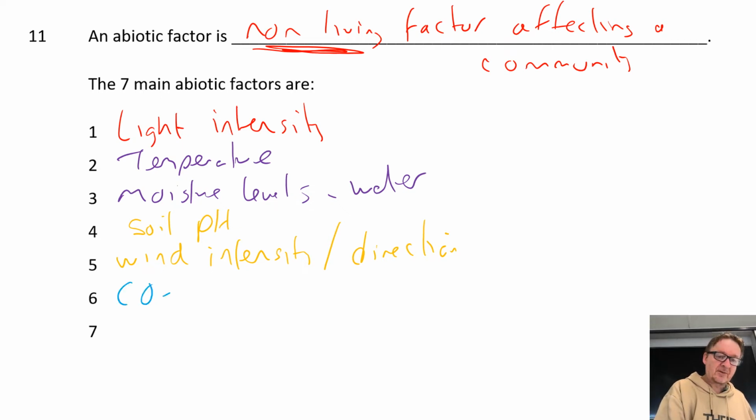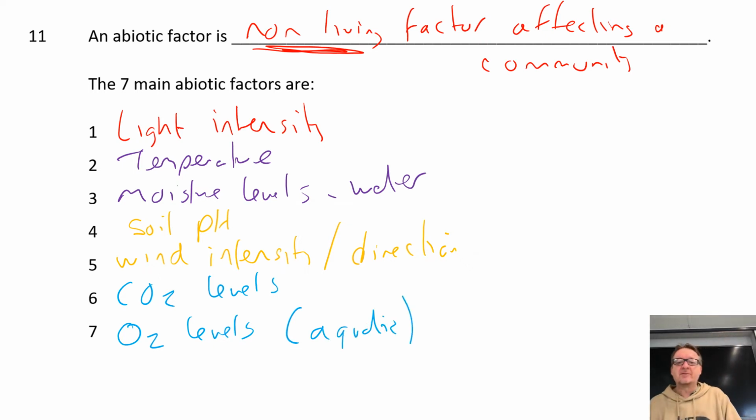Carbon dioxide levels and O2 levels for aquatic. Right, so really this is very, very much depending on plants. It's a lot more directed at plants. 7 abiotic factors.